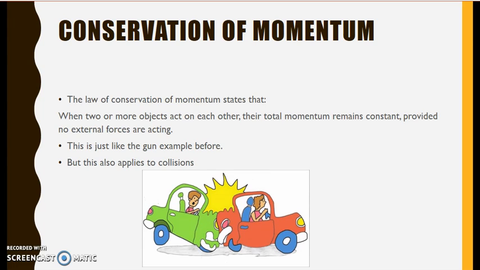Okay, conservation of momentum. The law of conservation of momentum states that when two or more objects act on each other, the total momentum remains constant, provided no external forces are acting. This is just like the gun example before, but this also applies to collisions. So, for example, a car is traveling and has a momentum of 10, and then another car is traveling in the opposite direction with a momentum of negative 11.